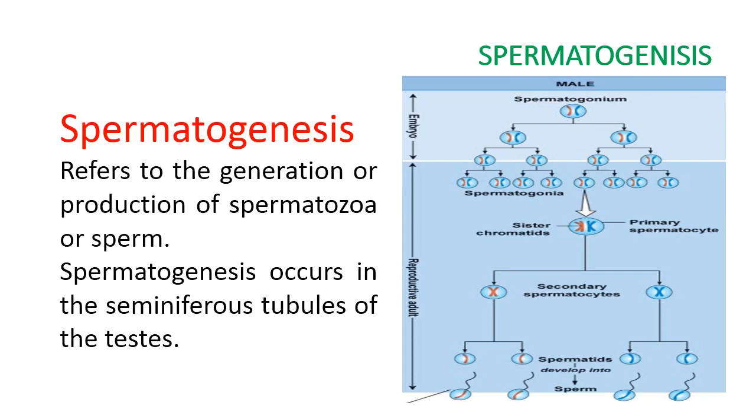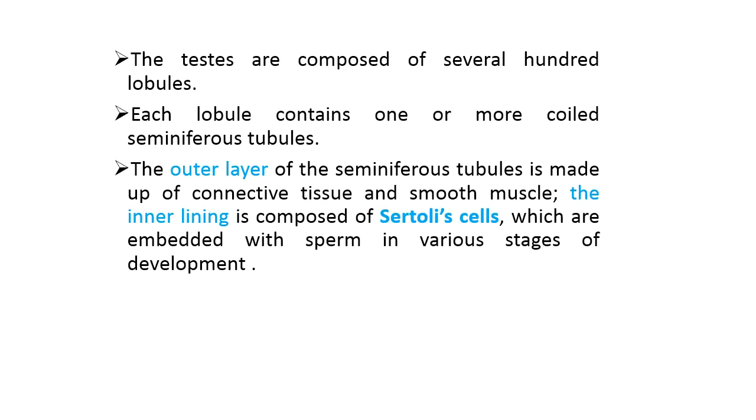How is the process of spermatogenesis performed, and what is the meaning of spermatogenesis? Spermatogenesis refers to the generation or production of spermatozoa, or sperm. Spermatogenesis occurs in the seminiferous tubules of the testes. The testes are composed of several hundred lobules.